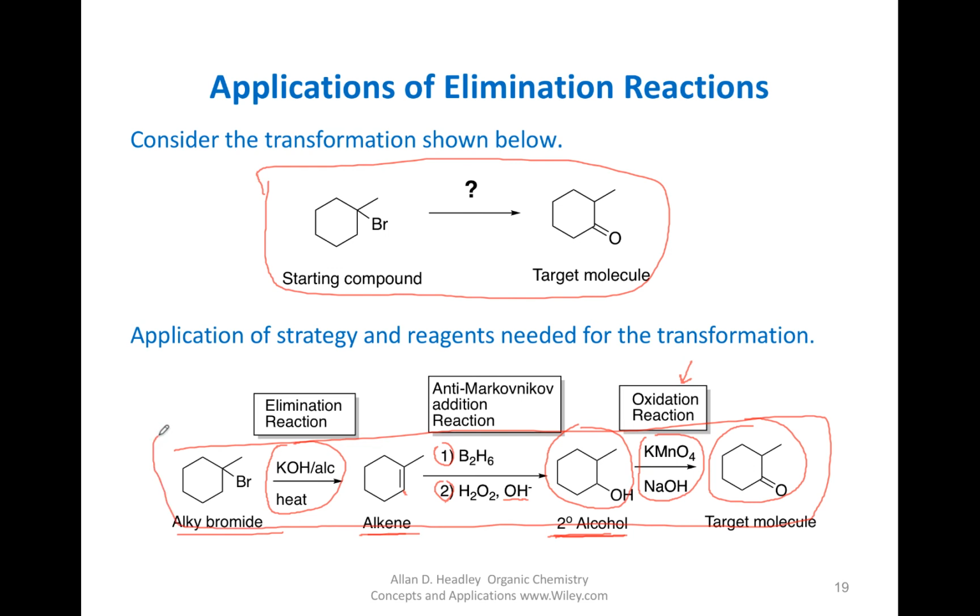Notice this is a different type of question from your mechanism. We're not showing the steps in terms of how a particular reaction occurs, but here we're using different types of reactions to transform a reactant starting material into a different target molecule.